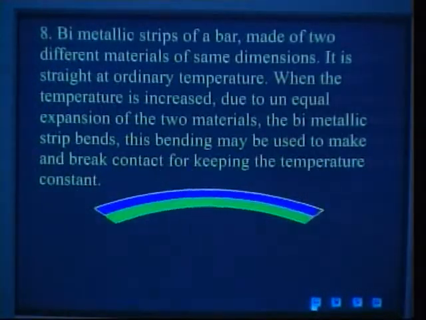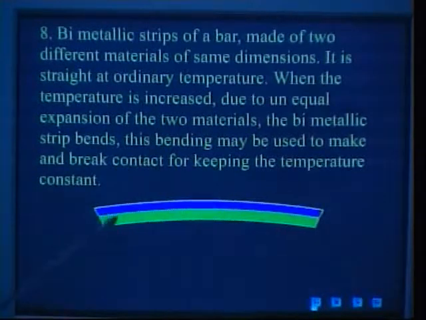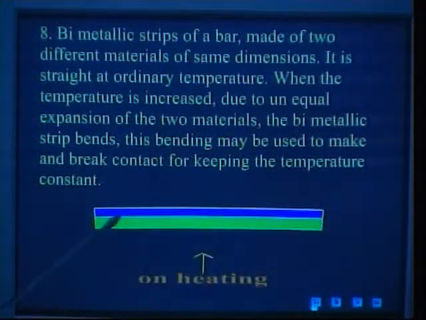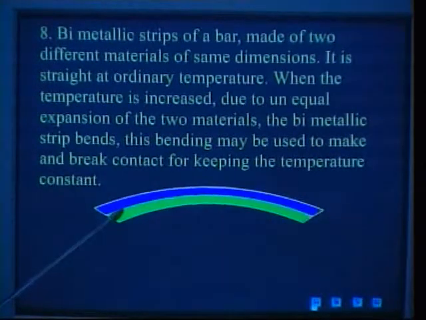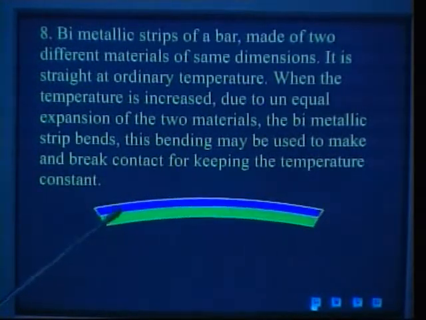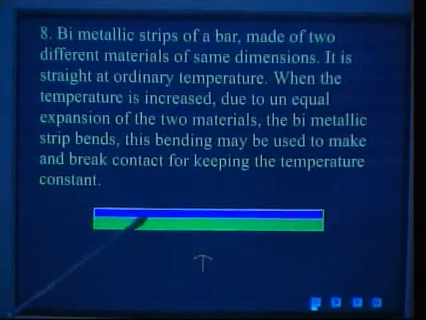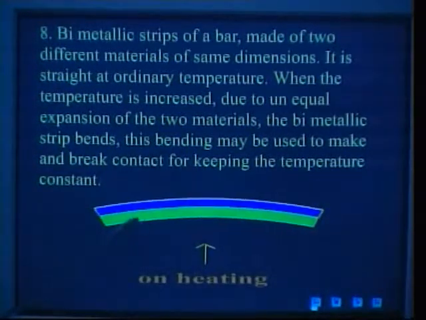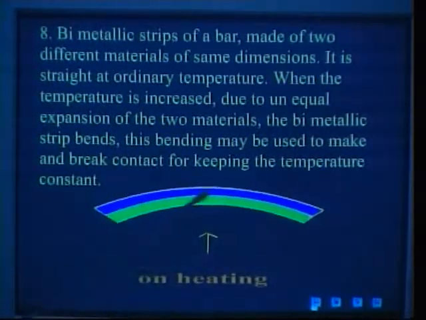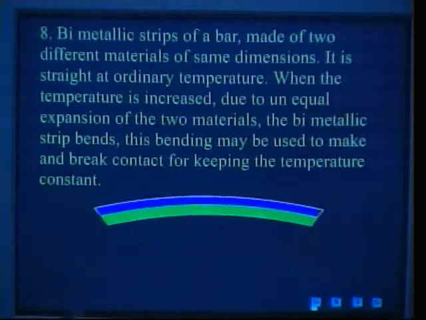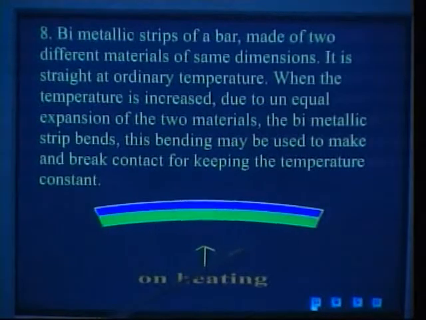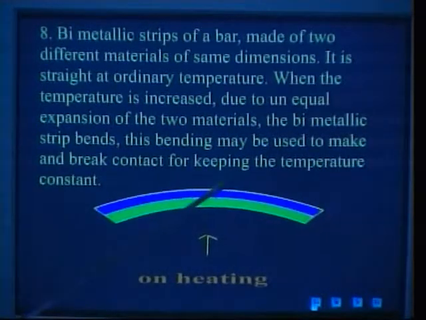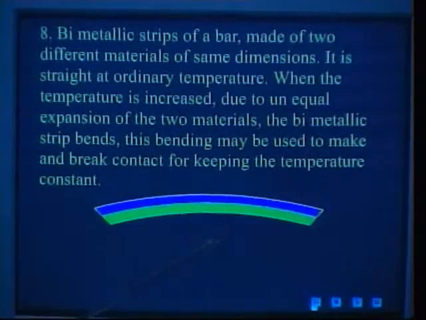Another application of expansion of solids is the bimetallic strip. Here this strip is made of two different materials having different linear coefficients. On heating, they expand in different manner and the strip bends. This bending may be used in electric circuits to close or break the circuit, because of which the temperature remains constant.